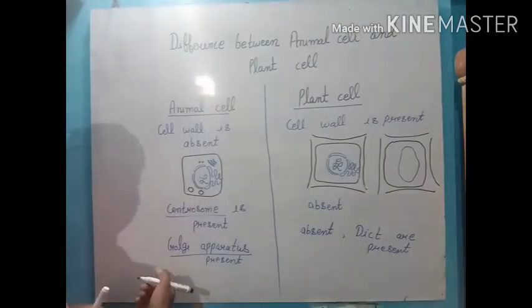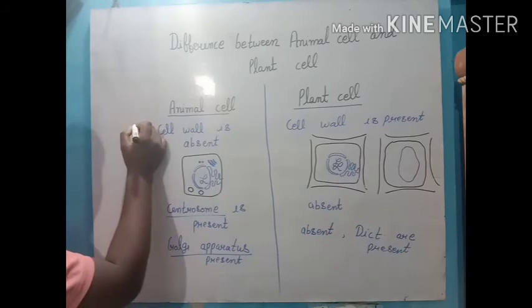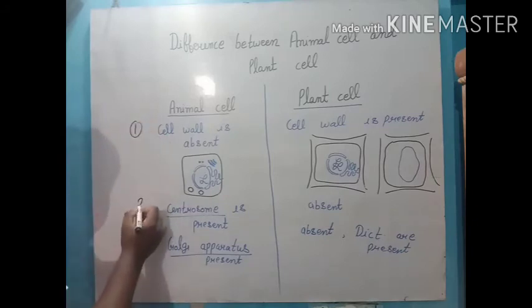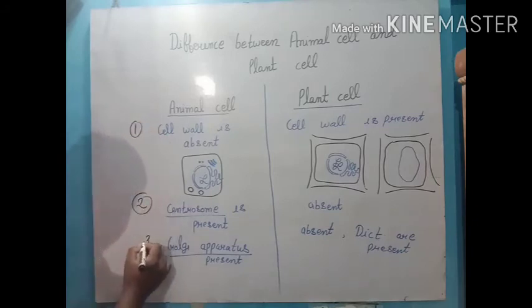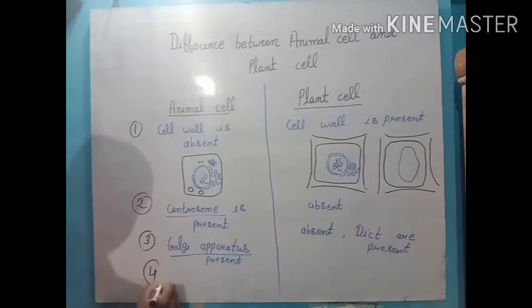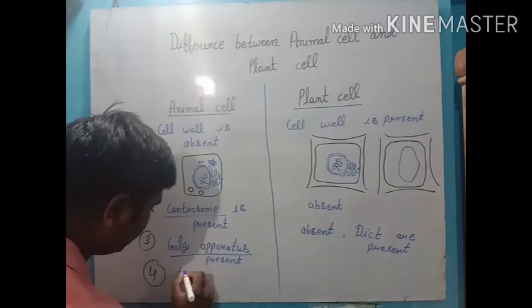So here this is the first point, this is the second point, third point, and this is the fourth point. What is the difference?